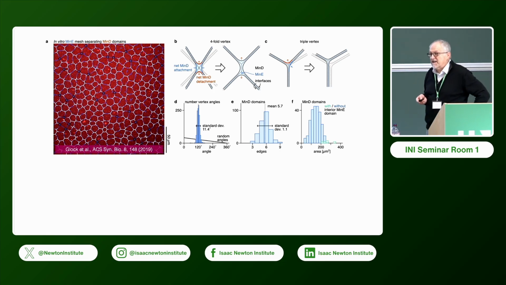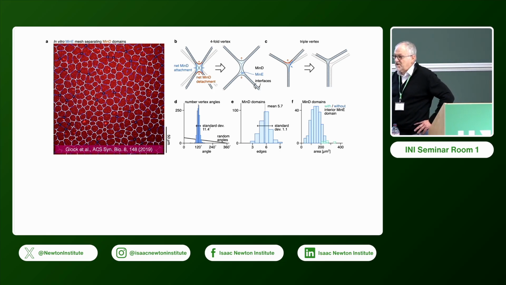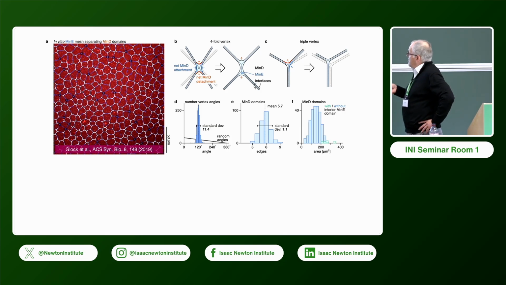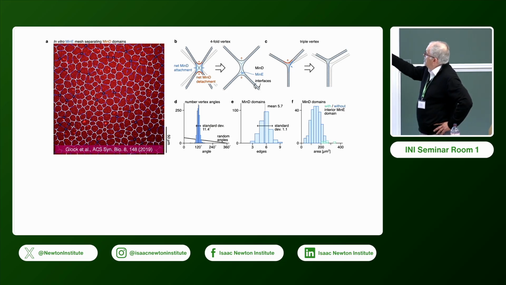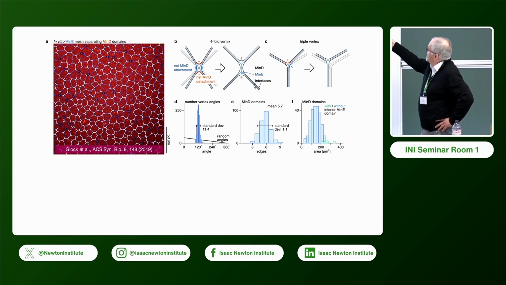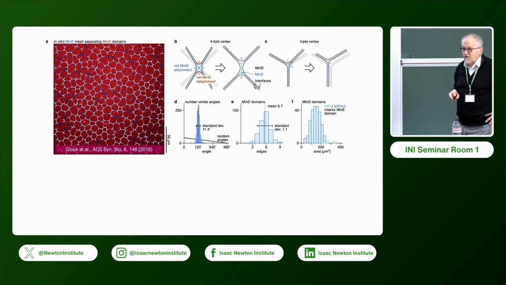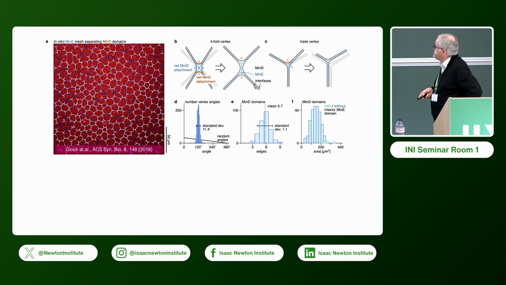That's very much like a foam. That's a characteristic feature of a foam. You also see, if you look at movies of this system, that the fourfold vertices are unstable, they move apart, and you get an additional boundary. That's also like in a foam.